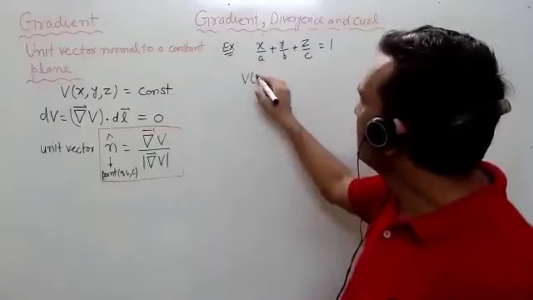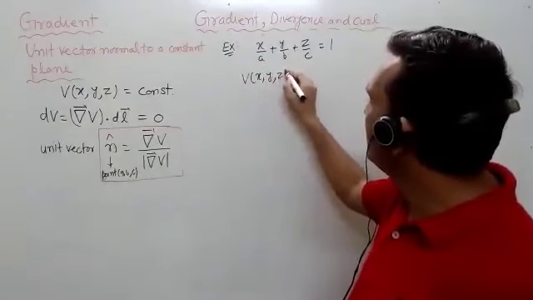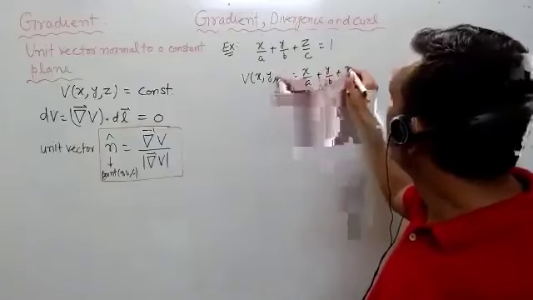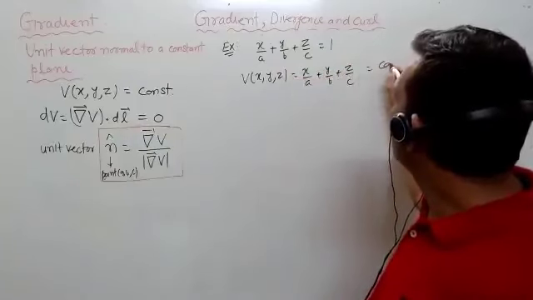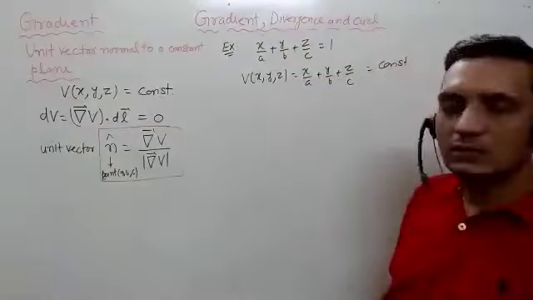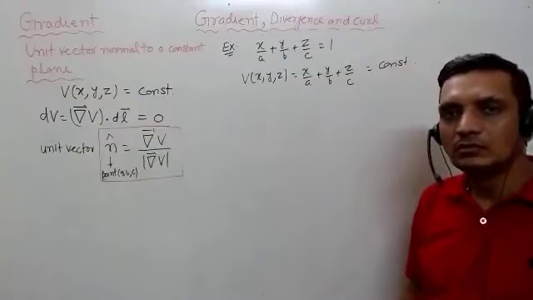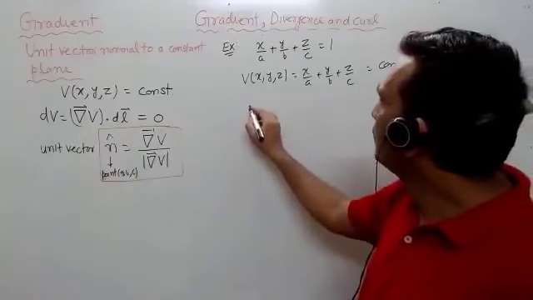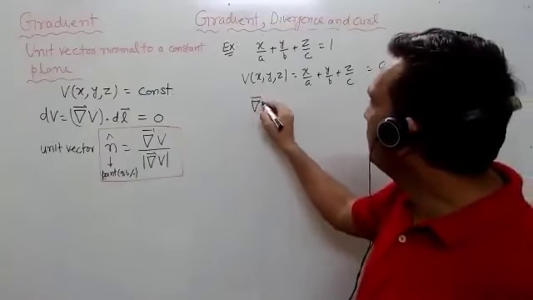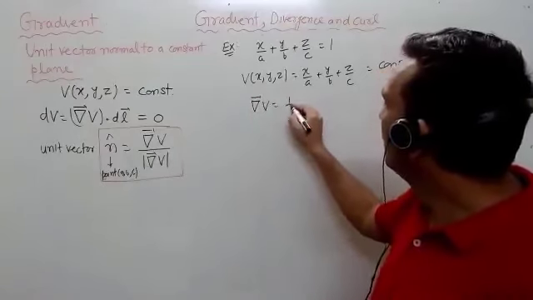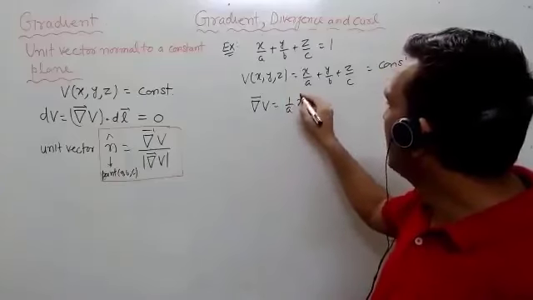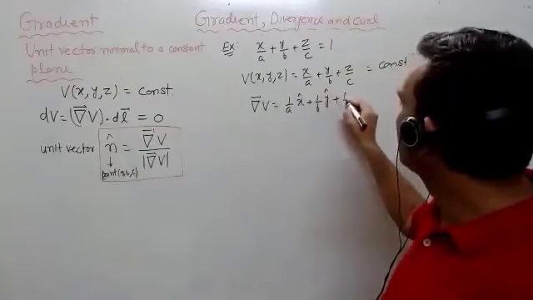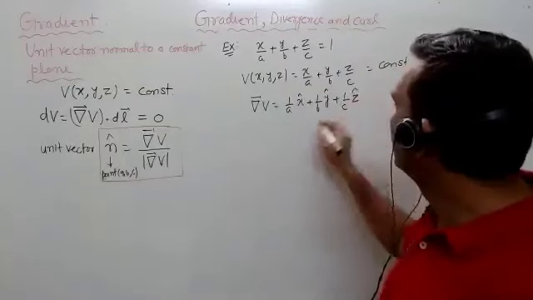So you can write this as V(x, y, z) is x by A plus y by B plus z by C, and that is some constant value. So what will be gradient of V? 1 by A x cap plus 1 by B y cap plus 1 by C z cap.